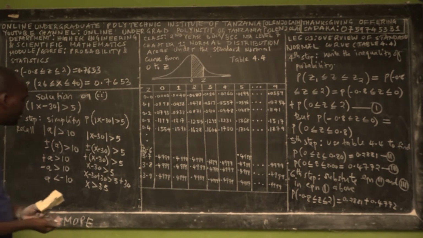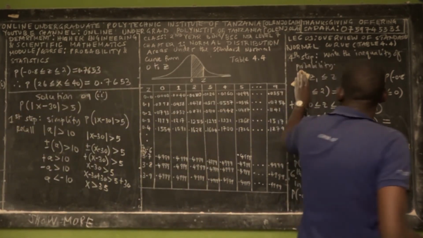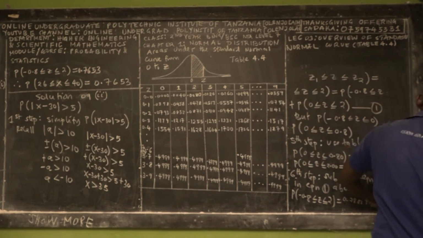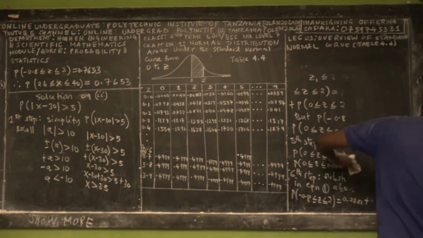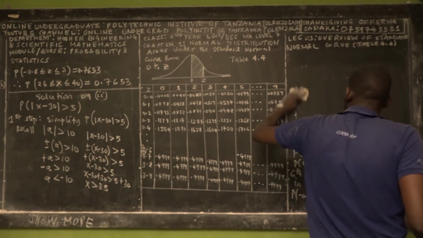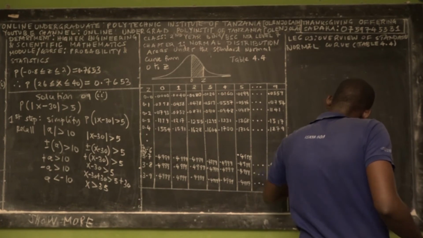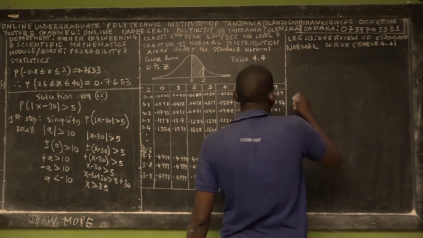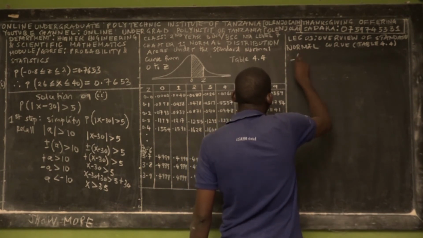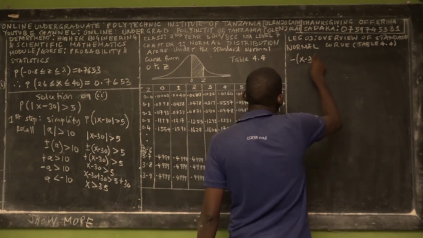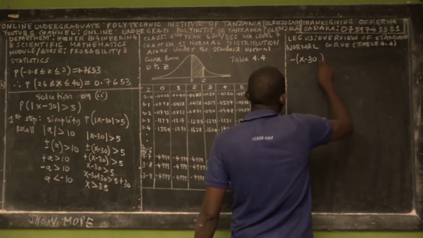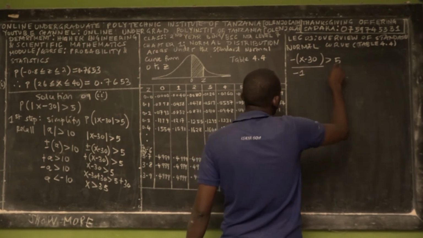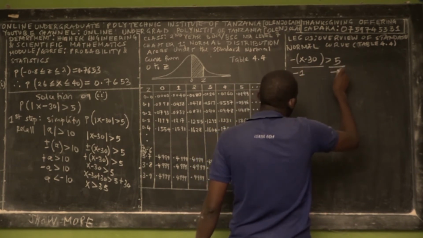If you consider the negative sign, we are still in simplification of the given problem. You have negative x minus 30 greater than 5, divided by negative 1.